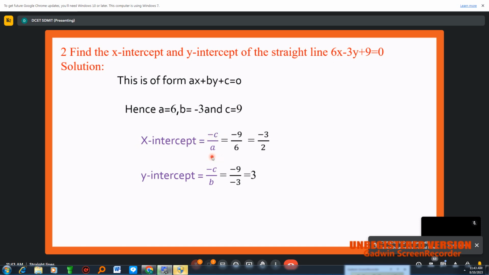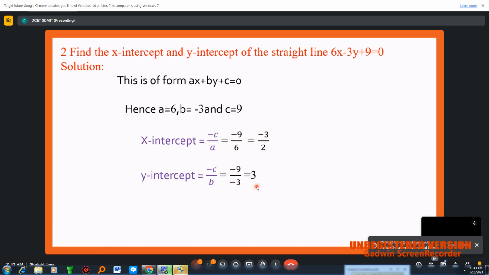Minus c by a is nothing but minus 9 divided by 6. So now on cancelling, 3 2s are 6, 3 3s are 9. So the x-intercept is minus 3 by 2. And y-intercept is minus c by b, that is minus 9 by minus 3. 3 3s are 9, sign will be cancelled.